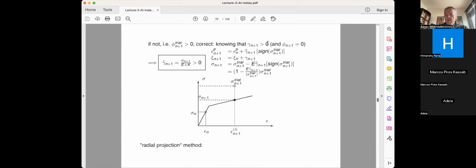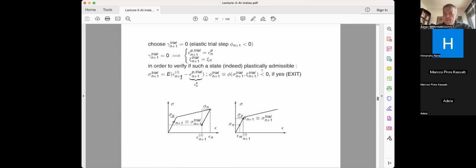I will compute it. An extra equation for this computation is that I enforce phi n+1 to be equal to 0. So the unknowns of this computation are now epsilon plastic, the hardening variable, and my plastic multiplier gamma n+1. So I have three equations, three unknowns, everything is perfect. Either I can solve this simultaneously, or I try to exploit what I already had.